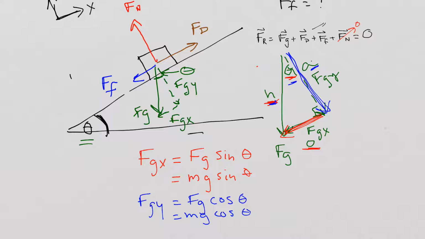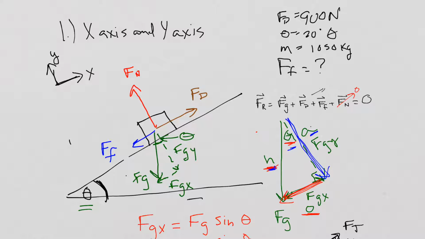If we are doing a horizontal problem, and what I mean by that is if I've got a box and I'm dragging that box by a rope, so I've got a force of tension, then I'm still going to be using my x component and my y component the way we learned it first, where x is going to be cos and y is going to be sine. The only time that that is switched up is in an inclined plane.